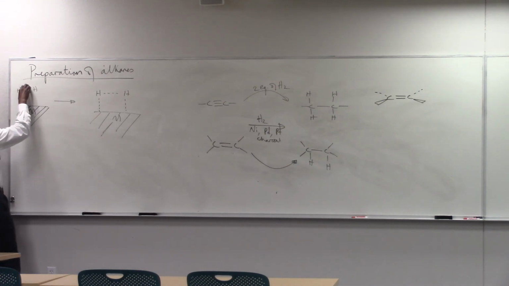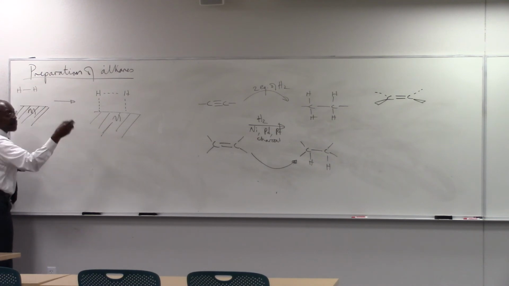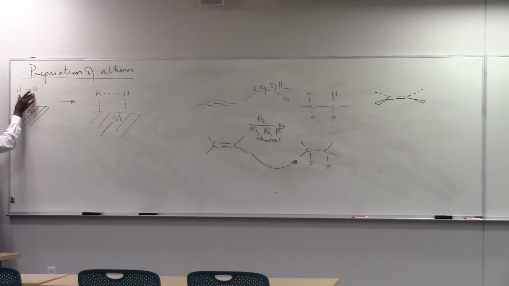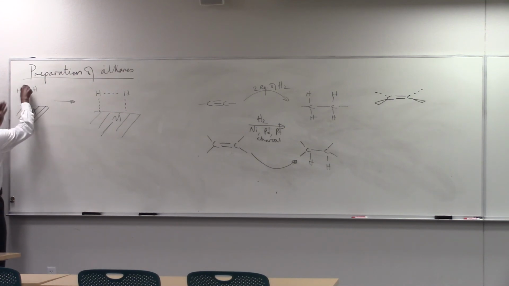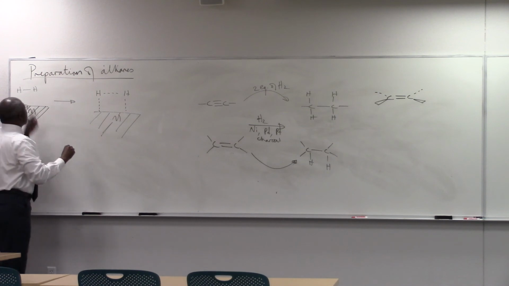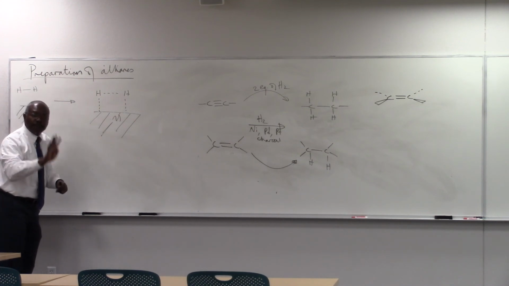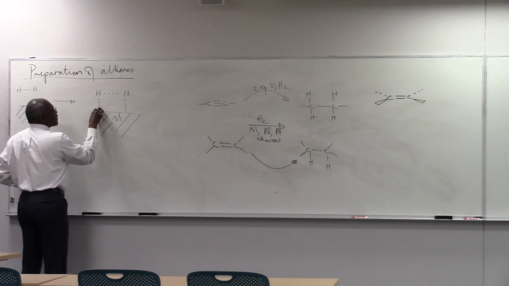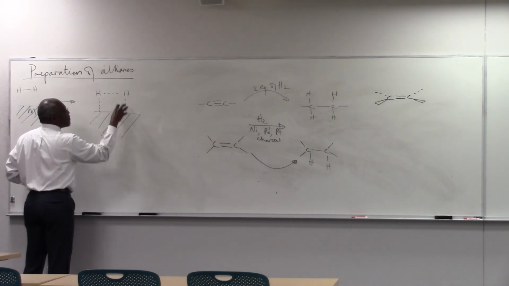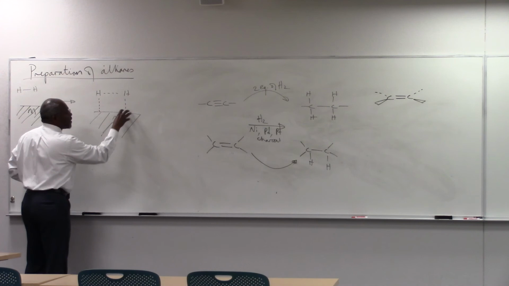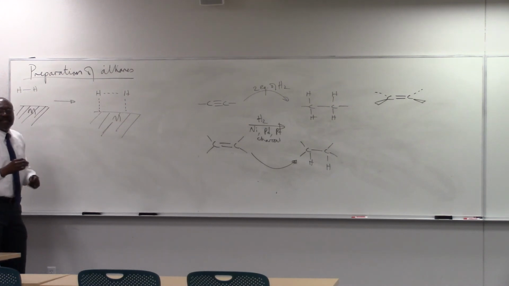I'm using these two electrons, which by right should only hold together two atoms in a typical bond. That's a typical Lewis bond: two atoms, two electrons. I'm using those two electrons to hold together four atoms: metal, H, metal. Well, what that means is two things.